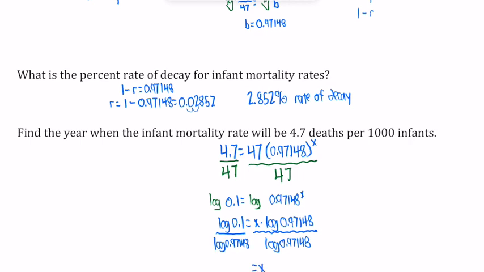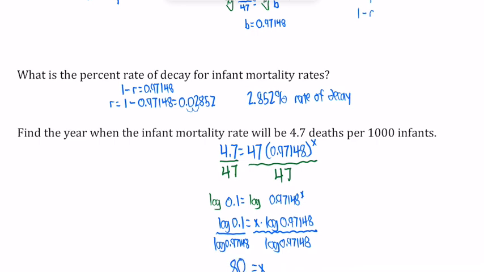And here, when we calculate the value of that left side, the logarithm of 0.1 divided by the logarithm of 0.97148, we end up with about 79.57. And since we're going to need to find a year, we'll go ahead and round that off to the nearest whole number and say that it is about 80.